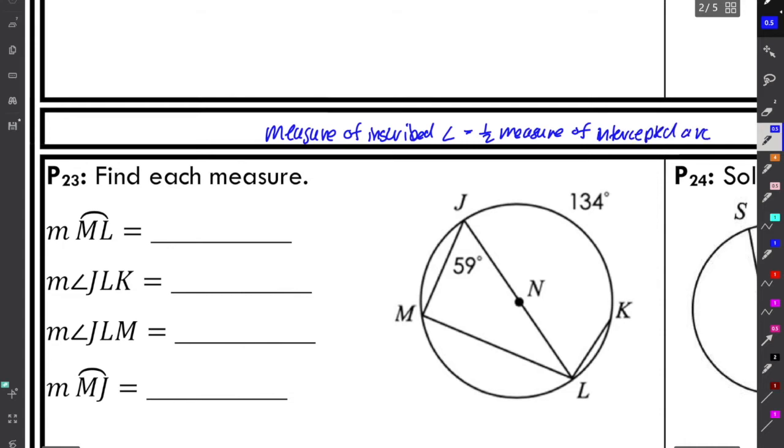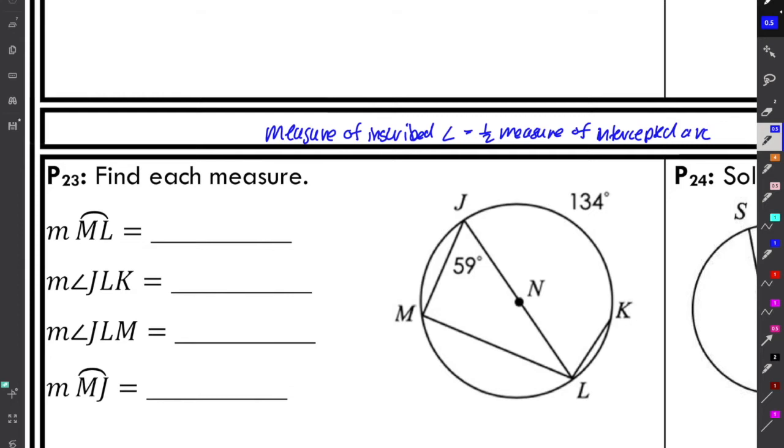So this is different than when we had central angles. Central angles were equal to the measure of the intercepted arc, but inscribed angles, their vertex is not at the center, the vertex is just on the circle. So we have this new relationship where it's half the measure of the intercepted arc.